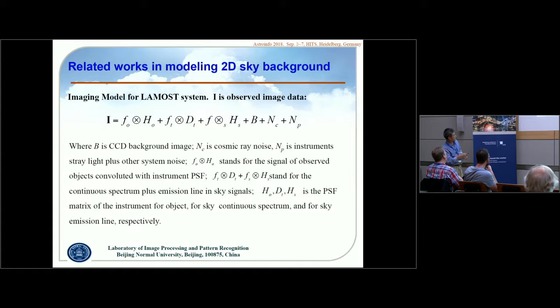Sky light includes a continuous spectrum plus emission lines in the sky signal. So that is the image model. We use this to express the PSF, point spread function, matrix. Our main concern here is how to do sky subtraction.